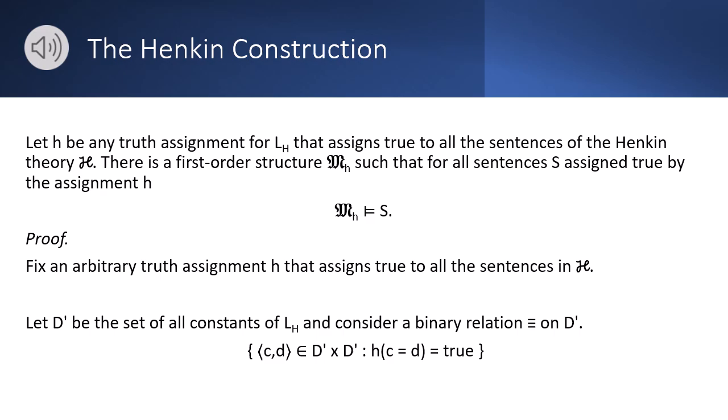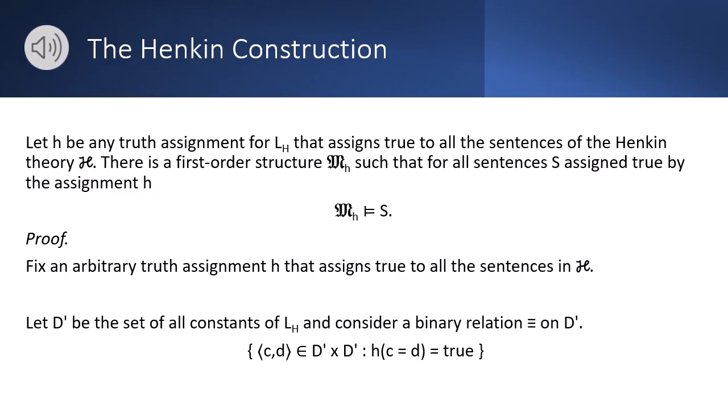And when that's the case, there is a first order structure, M, which will depend on H, so we're going to include that subscript of H, such that for all the sentences S that were assigned true by this truth assignment H at the very start of all of this, so basically in that row of the truth table, the structure satisfies that particular sentence.